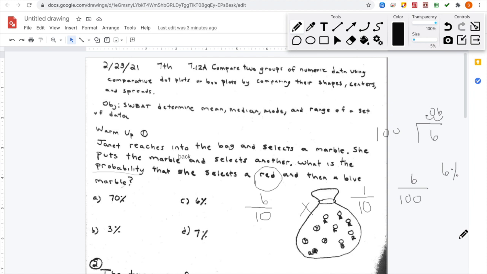And that's how we would complete number 1. So again, what we need to know is that this keyword "and" right here is telling us to multiply the events. And the way we multiply the events together is just to multiply the top, multiply the bottom.